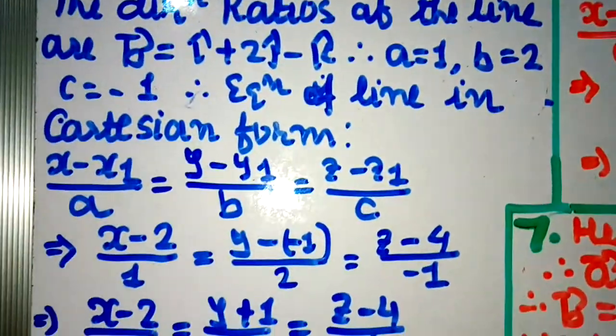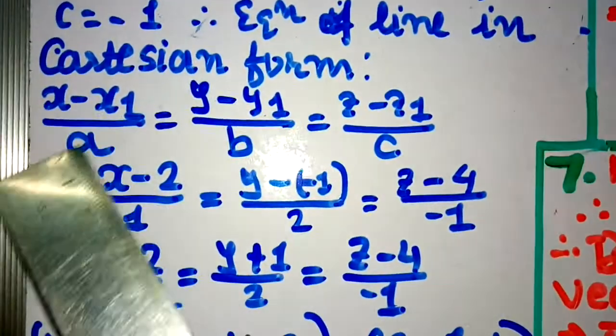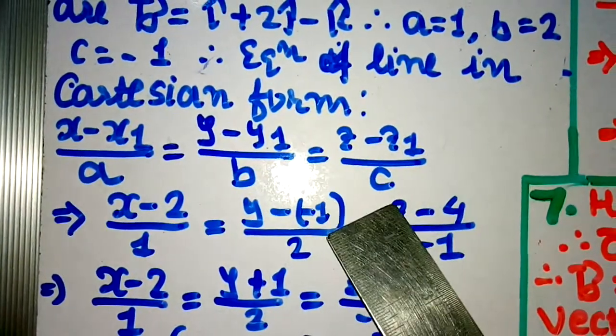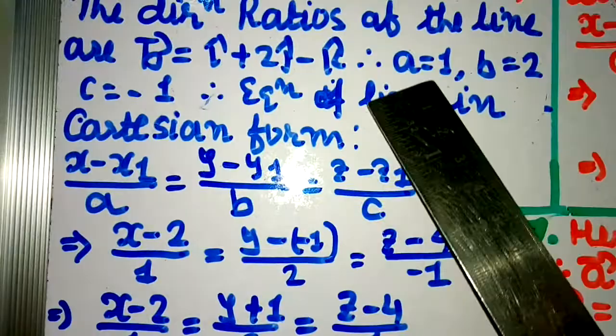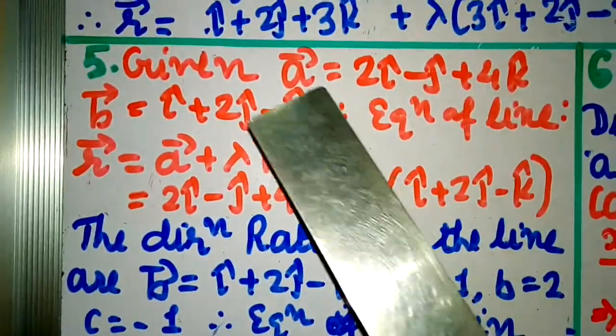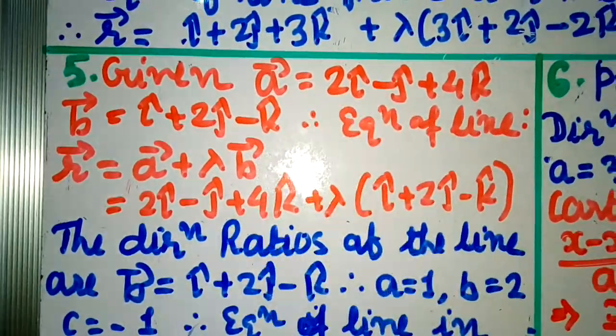So the Cartesian form of the equation of the line by the formula is x minus x1 by a equal to y minus y1 by b equal to z minus z1 by c. Here a, b, c are 1, 2 and minus 1, and x1, y1, z1 are from the point, 2, minus 1 and 4. You take the coefficients of i, j, k.